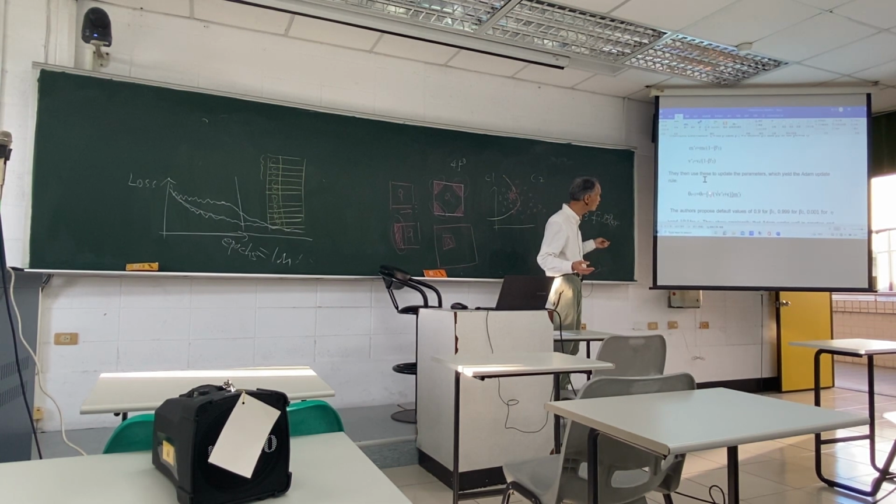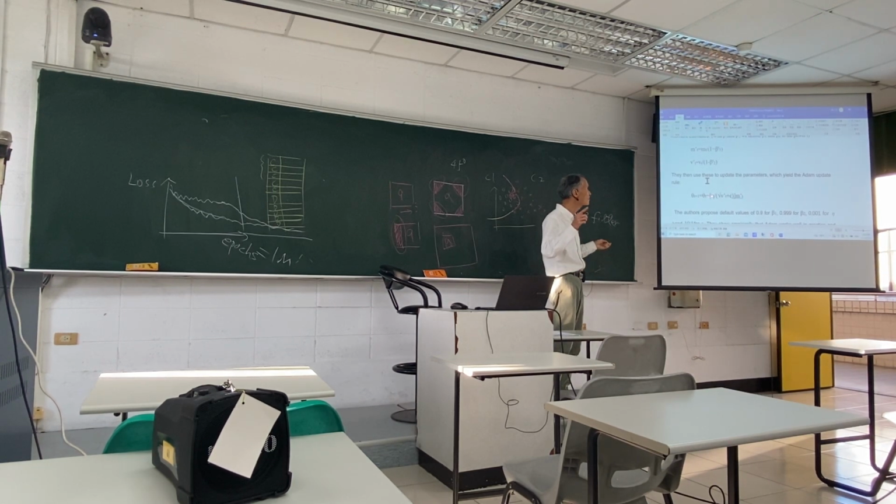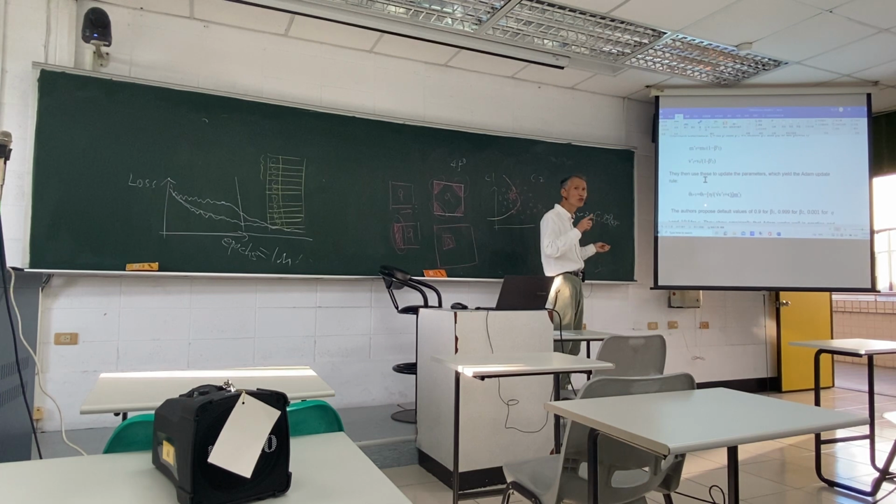The good thing about it is what? See that? It adaptively changes the learning rate by the variance here. Now you can think of eta here as just an initial learning rate, but it will update the learning rate, okay, based on what?